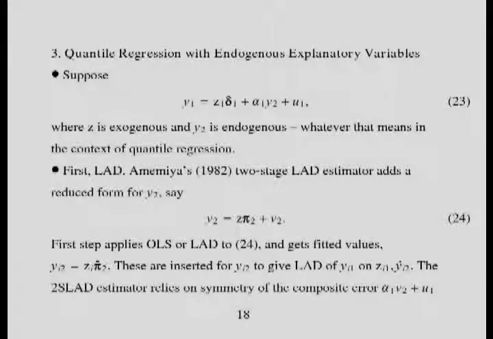So if you just started off saying what I'm interested in is the median of y1 given z1, y2, and say some omitted variable r1, because what I'd like to do is control for this r1 and see what the effect of y2 is on this conditional median, well, of course, if you're going to interpret alpha 1 in that way in the end, then you're going to have some symmetry of the distribution of the omitted variable, and it's going to have to be some sort of joint symmetry with the omitted variable and the extra noise.